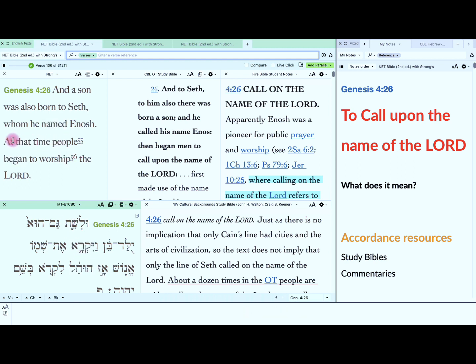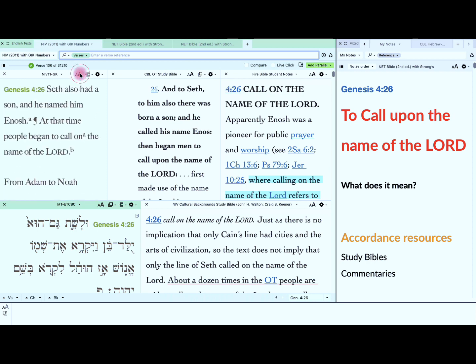But anyways, at that time people began to worship the Lord. Here this version uses worship, not call, but worship. So what is the relationship between calling upon the name of the Lord and worshiping? Does it mean the same? We will see. Let me read one more version.